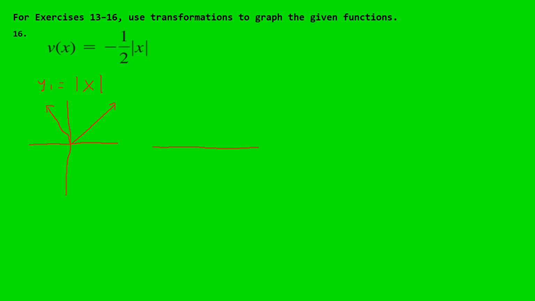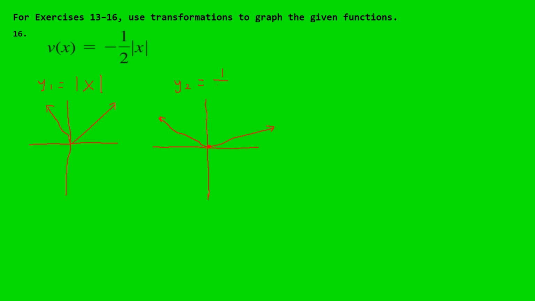When you multiply by a number less than 1, the effect is vertical compression. So that V is going to get wide. And we exaggerate maybe the width of it for the sake of the reader, so the reader can recognize that it's a vertical compression that has happened.